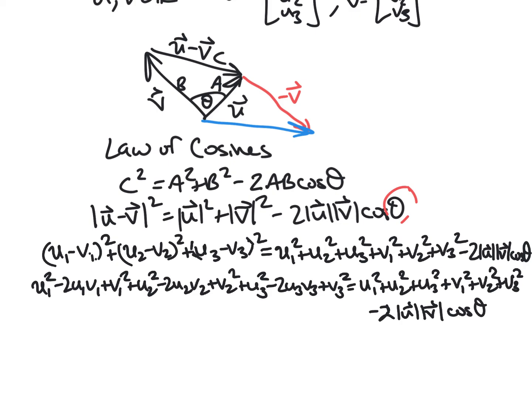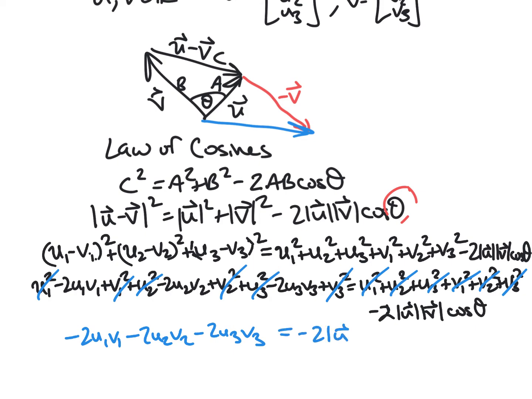Well, I've got my u1 squared here, my u1 squared here, v1 squared, v1 squared, u2 squared, u2 squared, and it turns out all of these end up canceling. And so what we're left with is negative 2 u1 v1 minus 2 u2 v2 minus 2 u3 v3 is this term with the angle included.